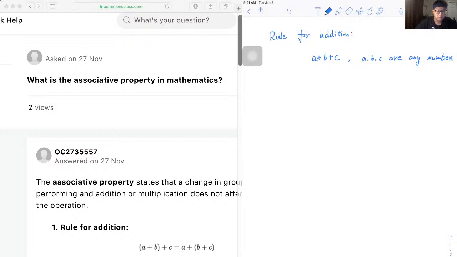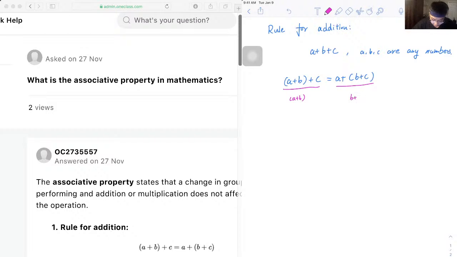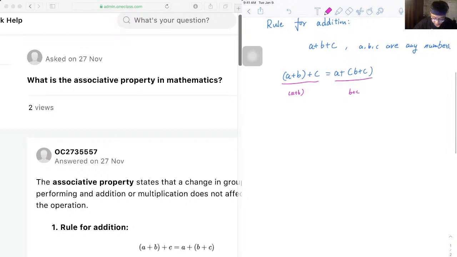Thus in order to apply the associative property, we can have A plus B, bracket, plus C is equal to A plus the sum of B plus C. On our left hand side we're grouping A and B first and then plus C, and on our right hand side we're grouping B and C first and then plus A, which will give us exactly the same answer. So that is what we mean by the rule for addition.